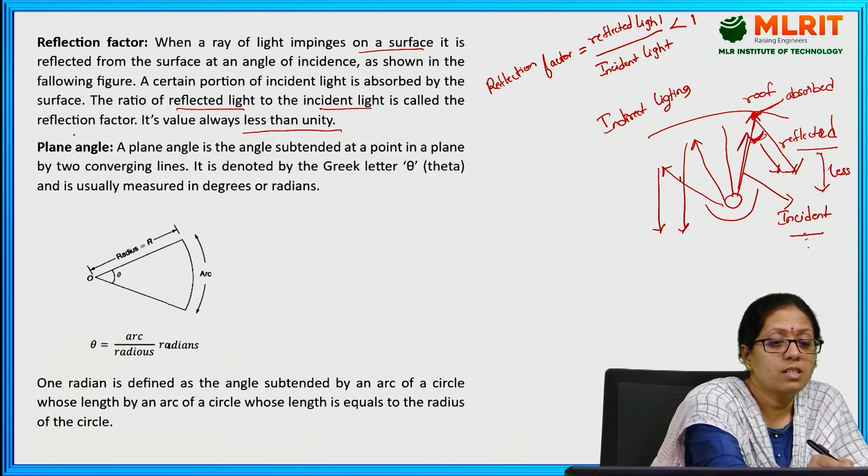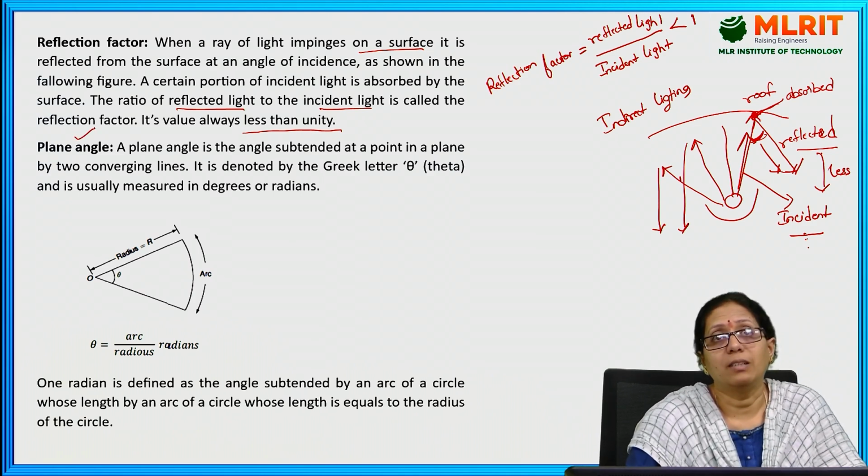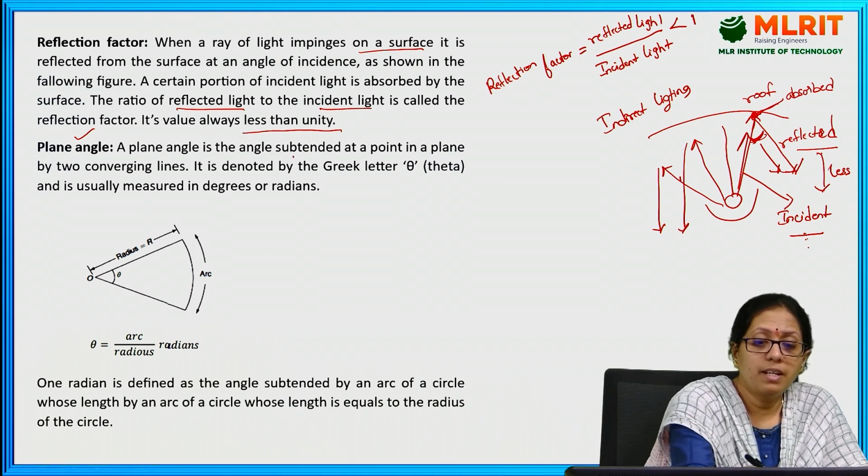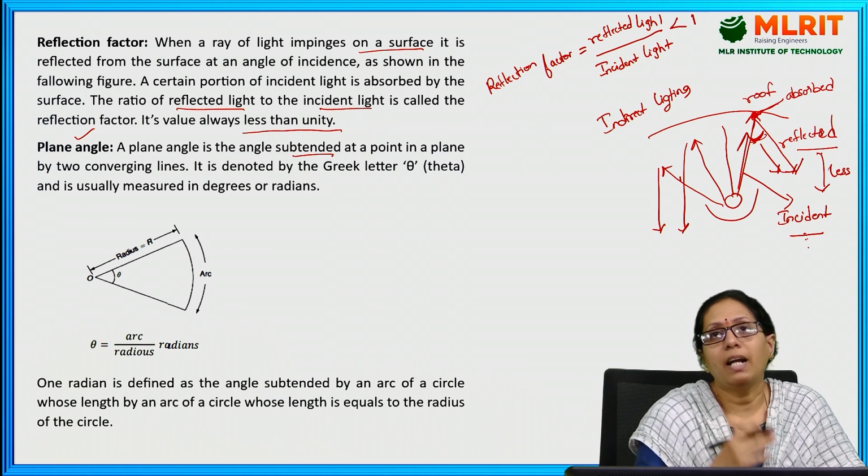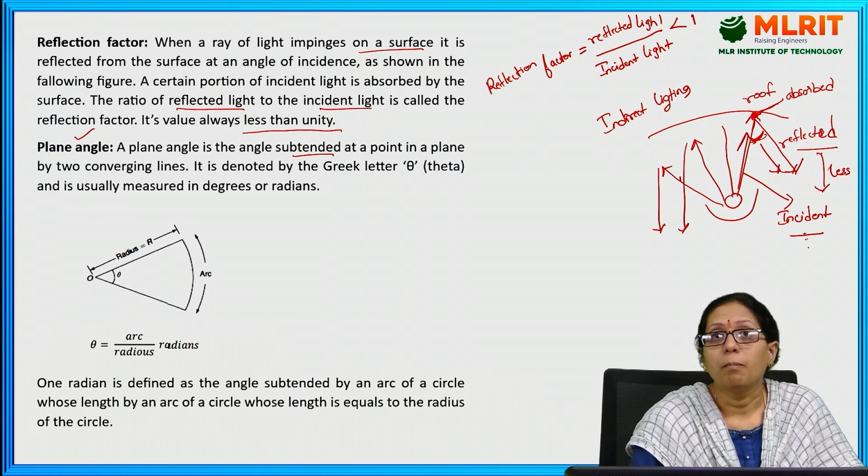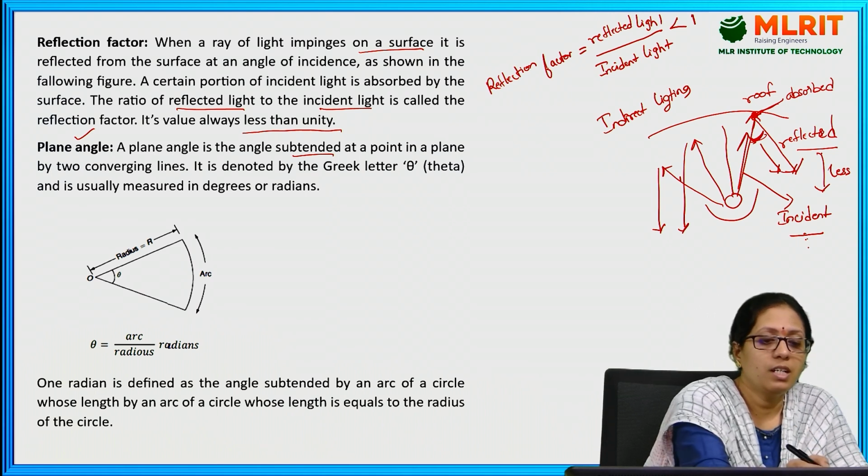Next one is plane angle. A plane angle is the angle subtended at a point in a plane by two converging lines.